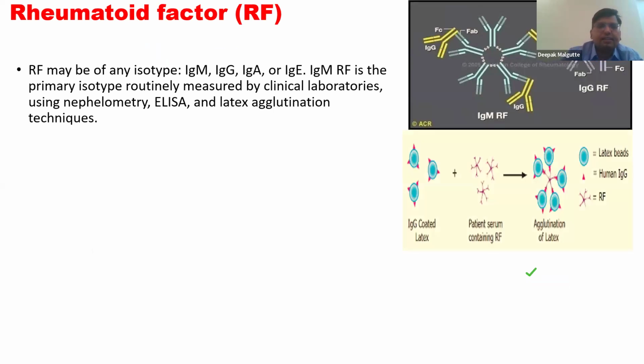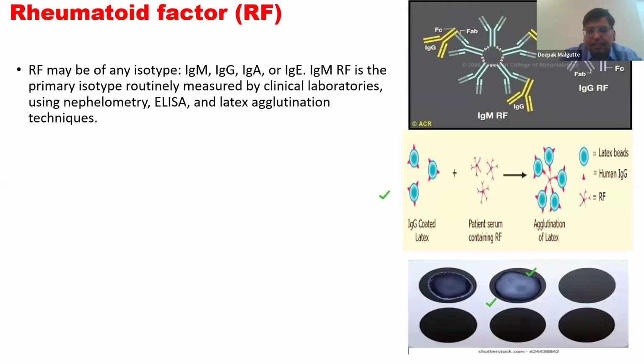Earlier it used to be measured by latex agglutination test, where latex particles coated with IgG form an immune complex with antibodies against the Fc portion of IgG in the patient's serum, which agglutinate and can be detected. The lowest concentration at which we can see the precipitation, we label as the titer.